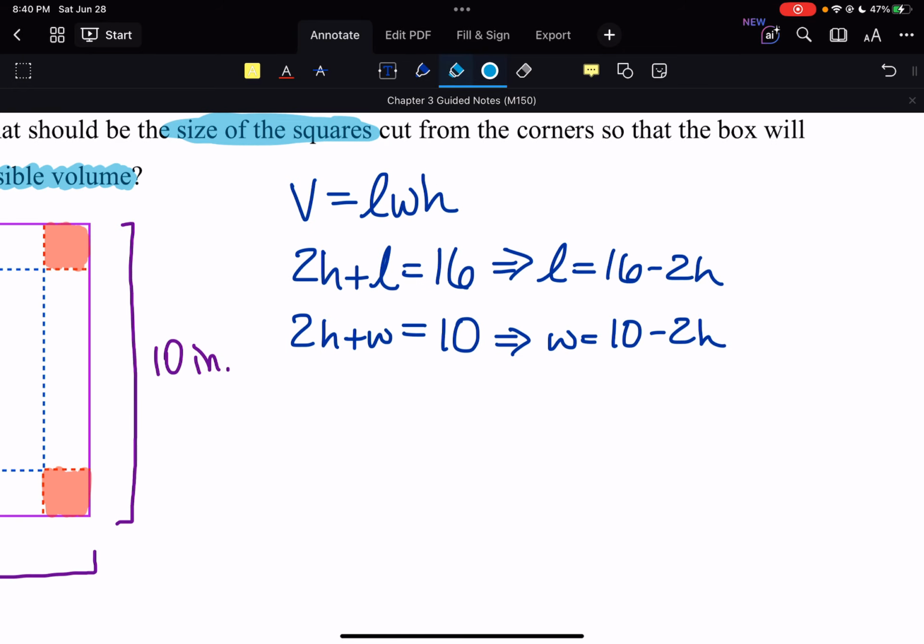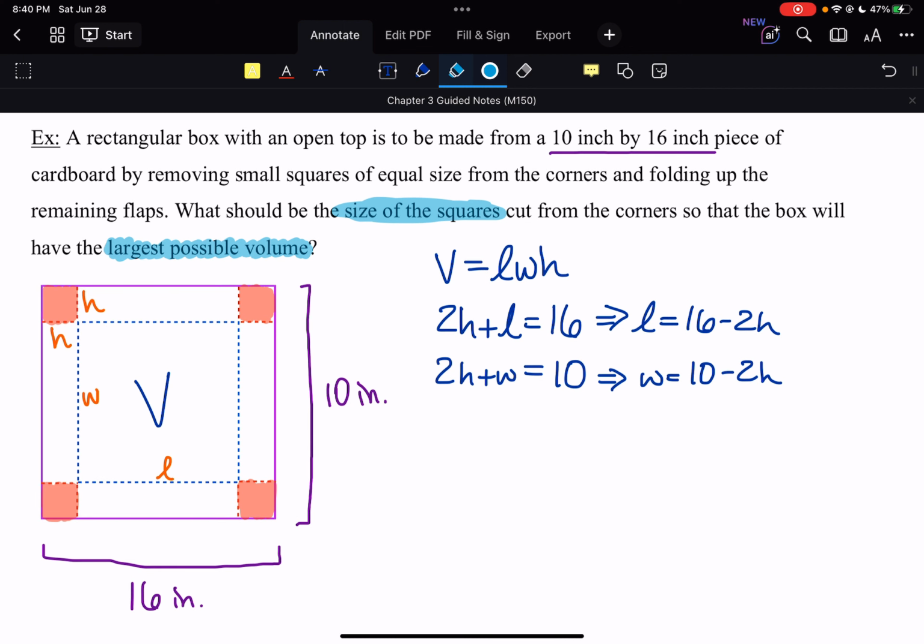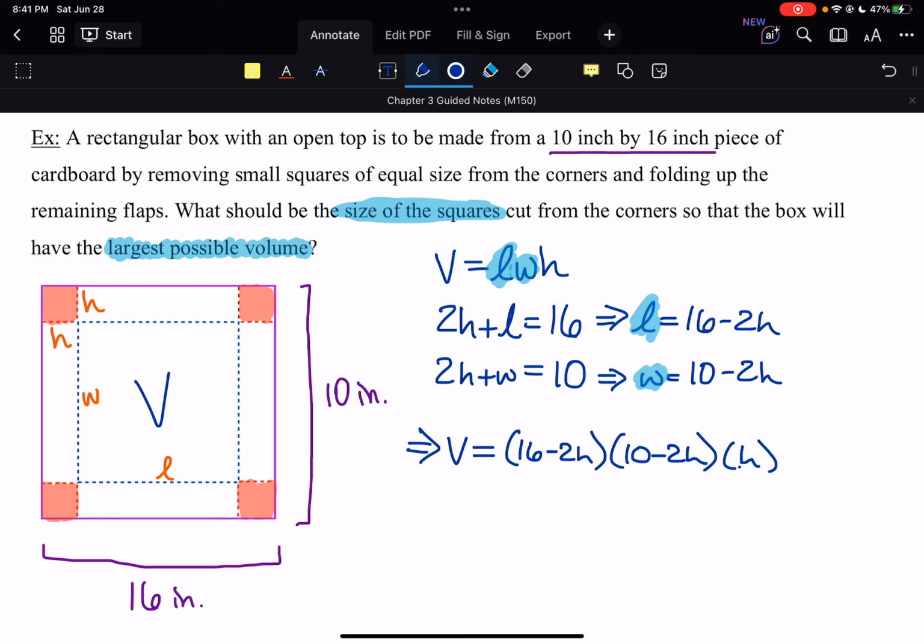And now both of these can go in here. So we're going to have V equals 16 minus 2h times 10 minus 2h times h.